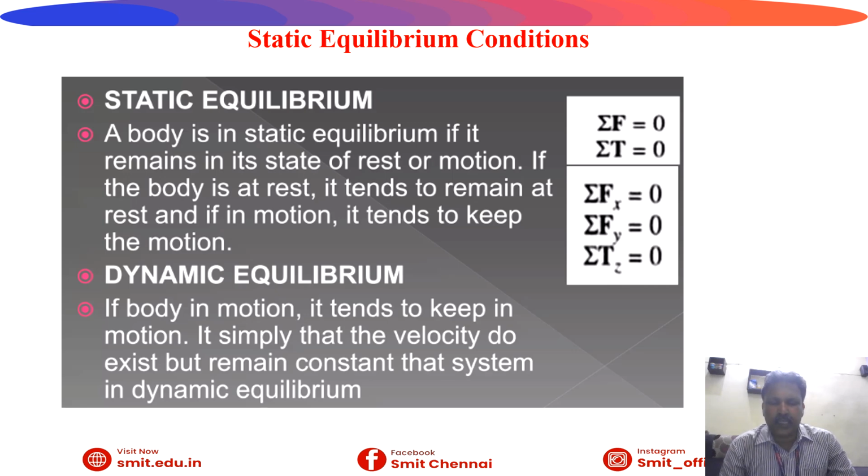So if it is in the state of rest, then it will remain at rest only, that is static equilibrium. Dynamic equilibrium is when the body is in motion and tends to keep in motion. Simply, the velocity does exist but remains constant, and that system is in dynamic equilibrium. That is the difference between the two.